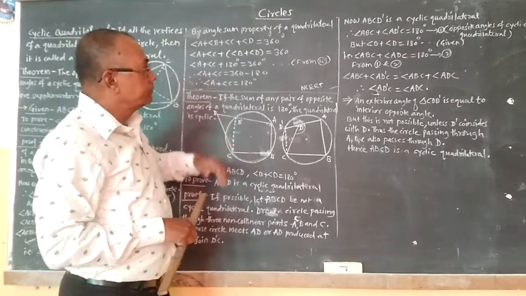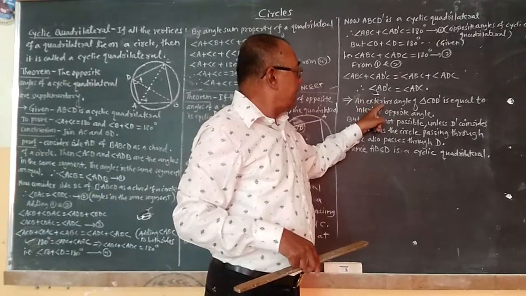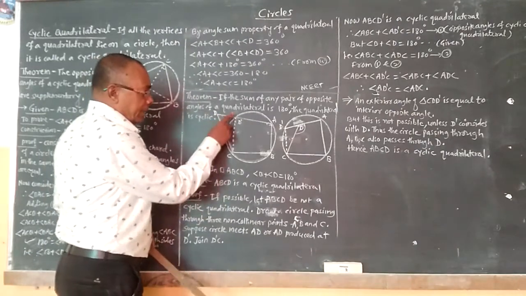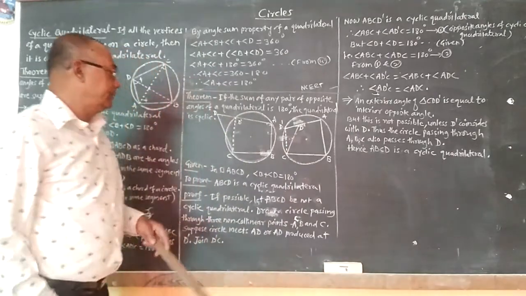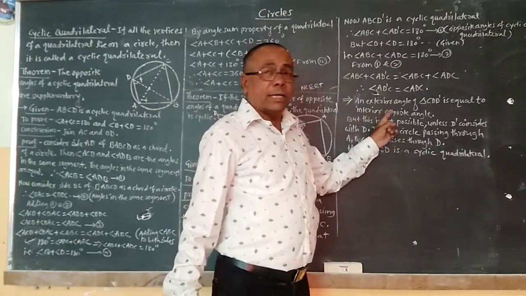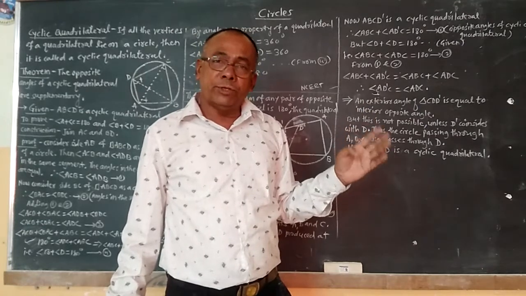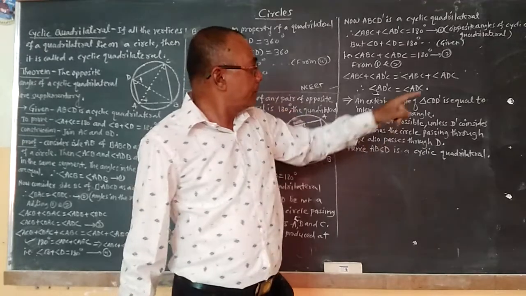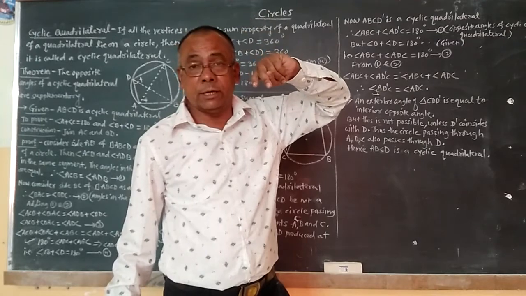Here angle AD dash C is equal to angle ADC, and the exterior angle of triangle CDD dash, the exterior angle ADC, is equal to an interior opposite angle, but it is not possible, because we know that the measure of the exterior angle of any triangle is equal to the sum of its interior opposite angles, means two angles are required.